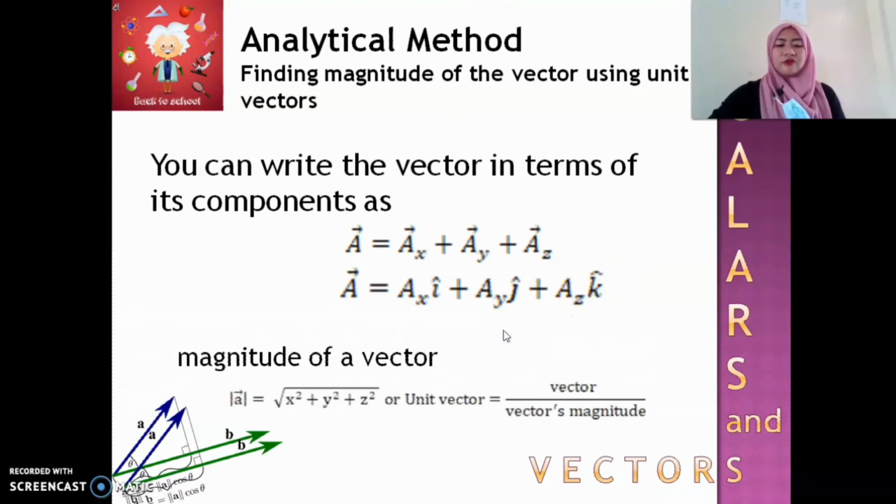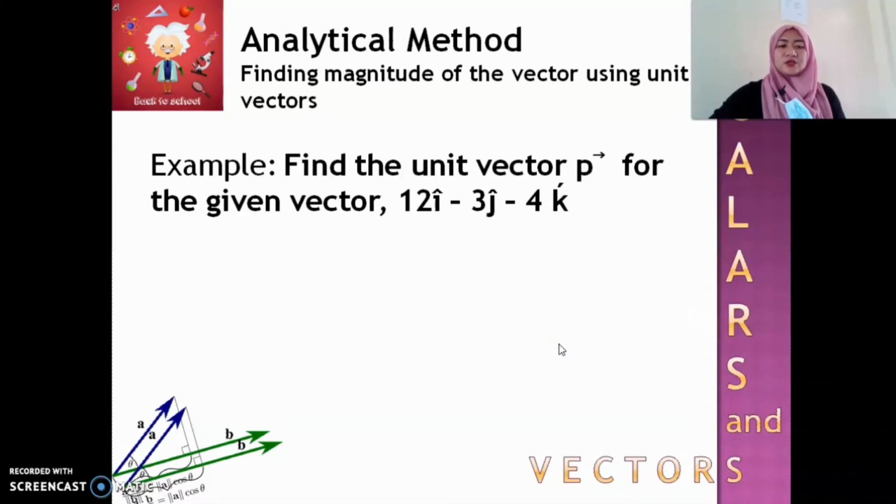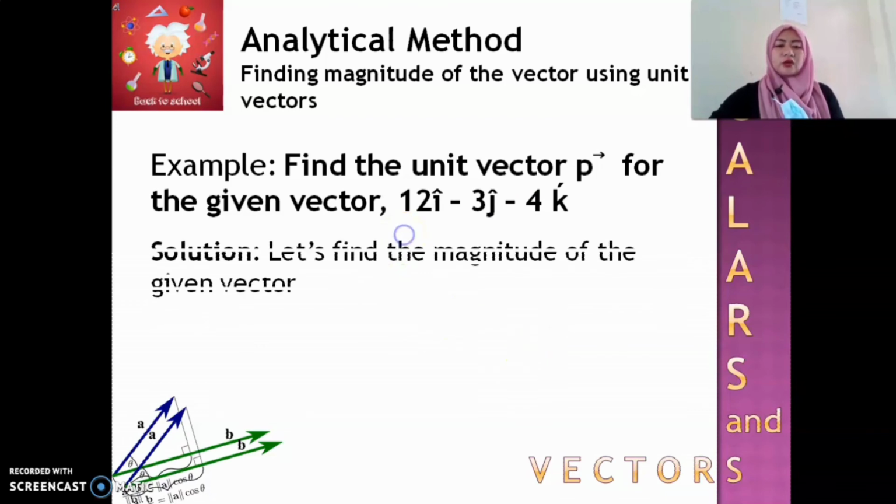The magnitude of a vector can be calculated by getting the absolute value of vector A, which is equal to the square root of x squared plus y squared plus z squared, and the unit vector is equal to the vector divided by the vector's magnitude.